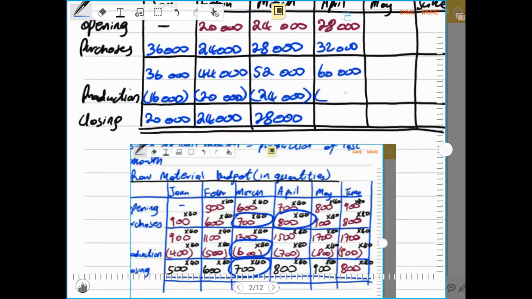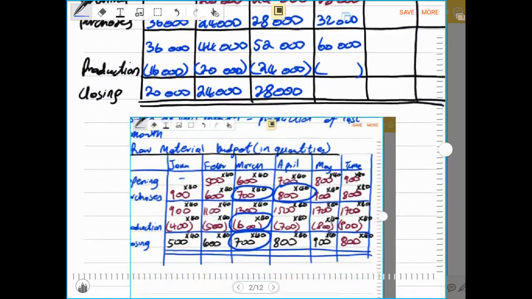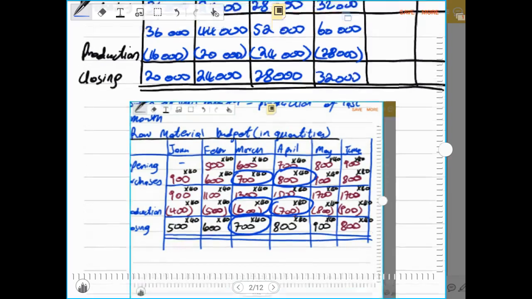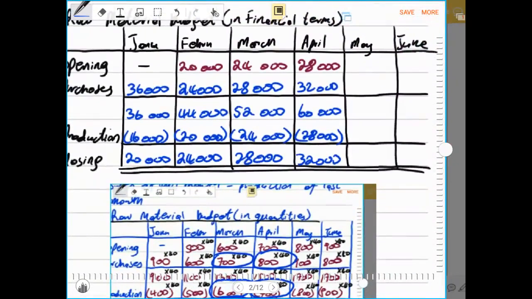Then we go to the production of the current month, and production of the current month is 700 by 40, and 700 by 40 we already know that it is 28,000. And 60,000 less 28,000 will give us 32,000 rands.